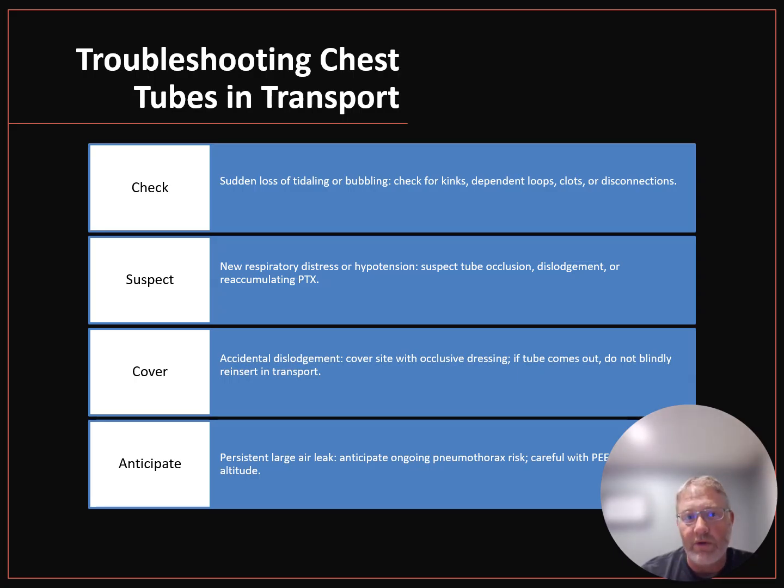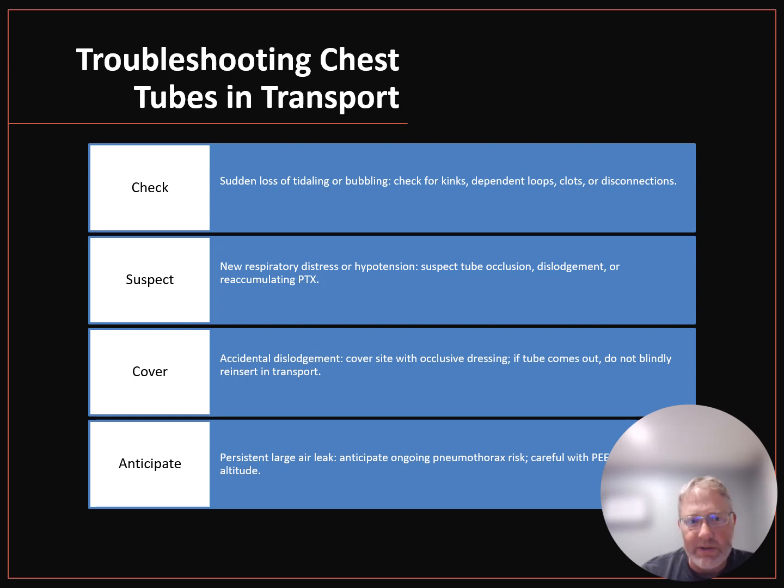If the tube accidentally comes out, you should place an occlusive dressing over the site and don't attempt to blindly reinsert the tube in the field or aircraft unless you have a direct order from a physician, as that is typically a hospital procedure.